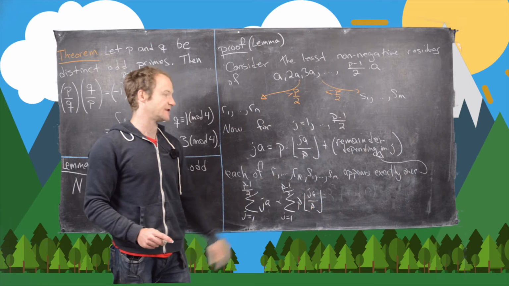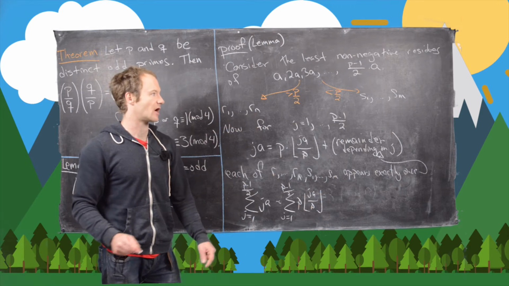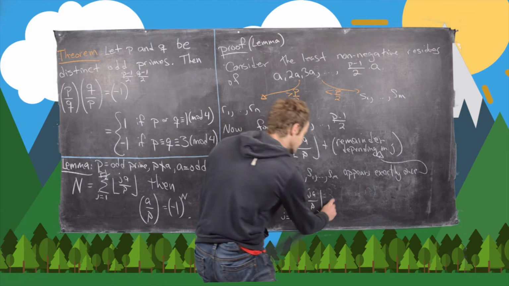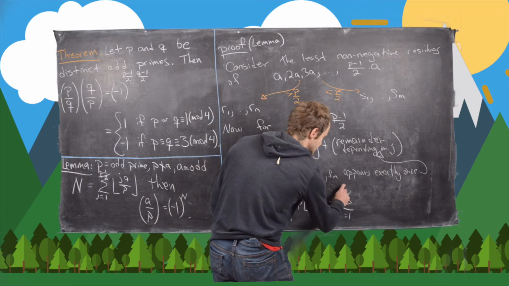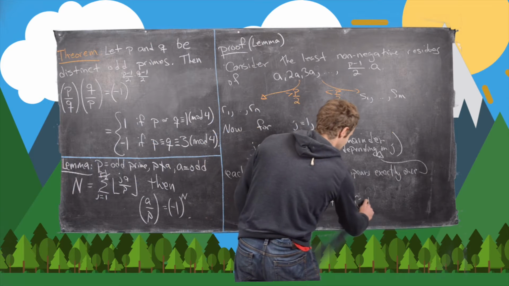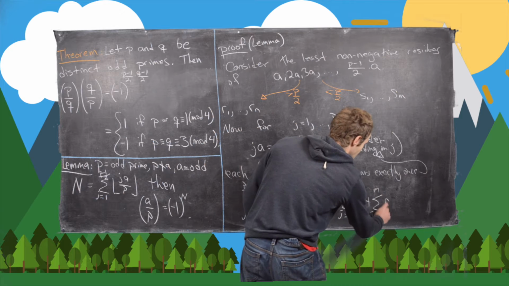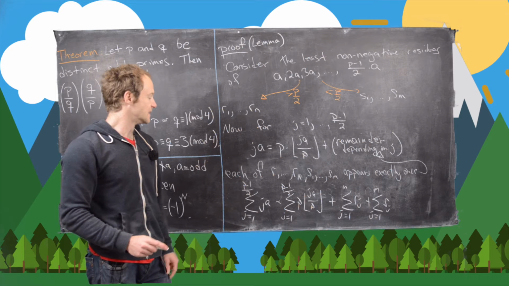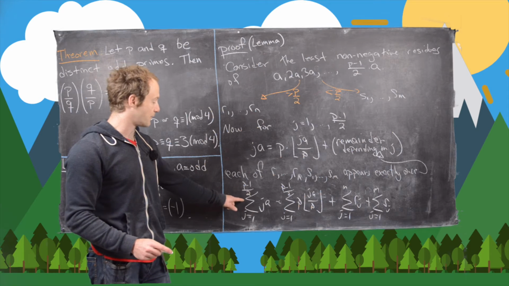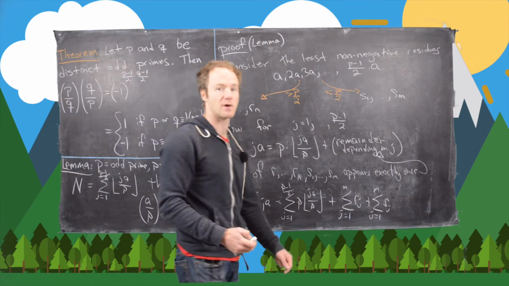But now notice each of these remainders appears exactly once. So that'll give us the sum of all of the r's and all of the s's. So that'll be plus the sum j equals 1 to n of these rj's plus the sum j equals 1 to m of all of these sj's. Okay, good. So now what I'll do is I'll bring this sum up to the top and then we'll continue on with the proof.